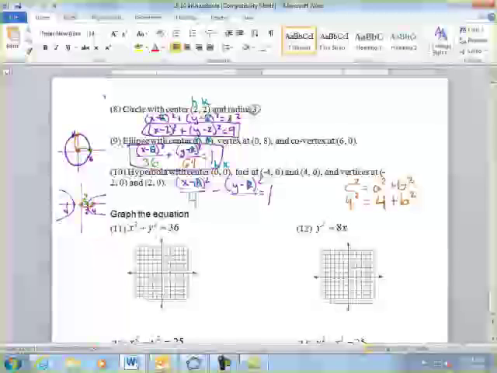So 4 squared is 16. So we get 12 for b squared, and that's our other denominator. So c is center to focus. A squared and b squared are the denominators. Questions?